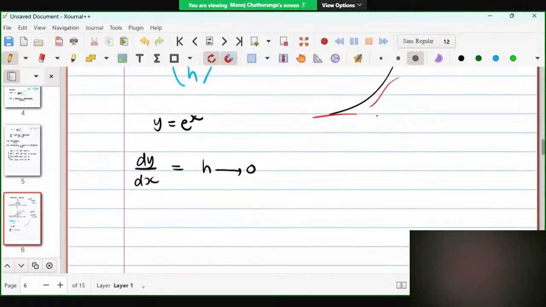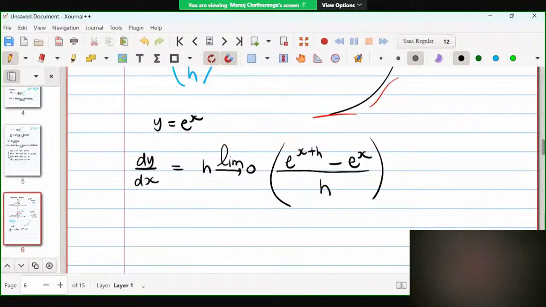So the way to compute the derivative in general is the limit as h goes to 0 of f of x plus h minus f of x, divided by h.